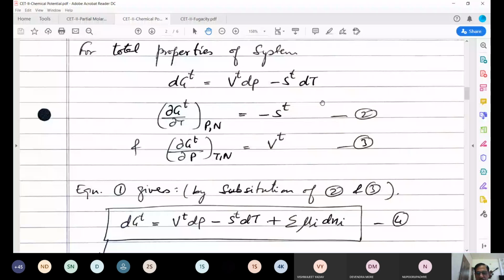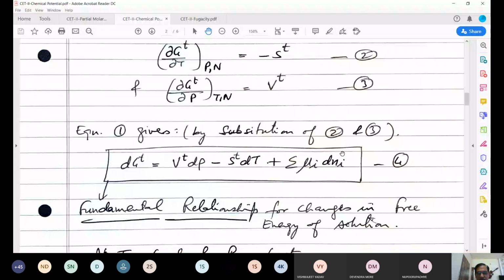If there is no phase equilibrium, then this term is not involved. If there is no chemical equilibrium, then this term is not involved. Then it reduces to our old equation, dG is equal to VdP minus SdT. But now because equilibrium is involved, we have to account for that. That also contributes to the energy of the system.